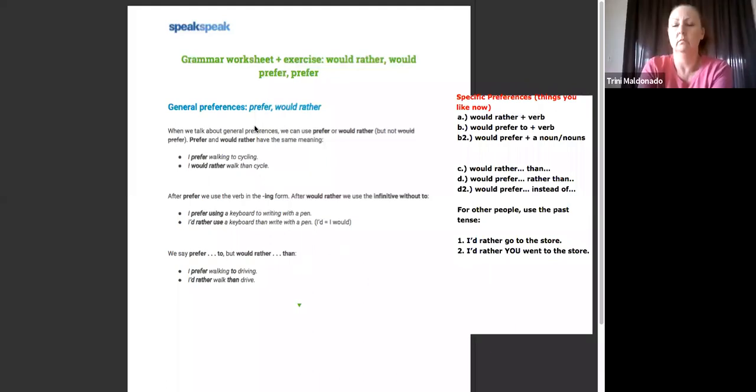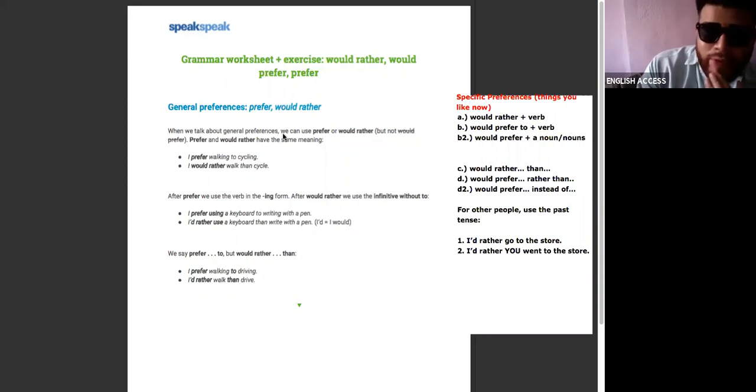And then we also have some general preferences with prefer and would rather. When we talk about general preferences, we can use prefer or would rather, but not would prefer. Prefer and would rather have the same meaning.